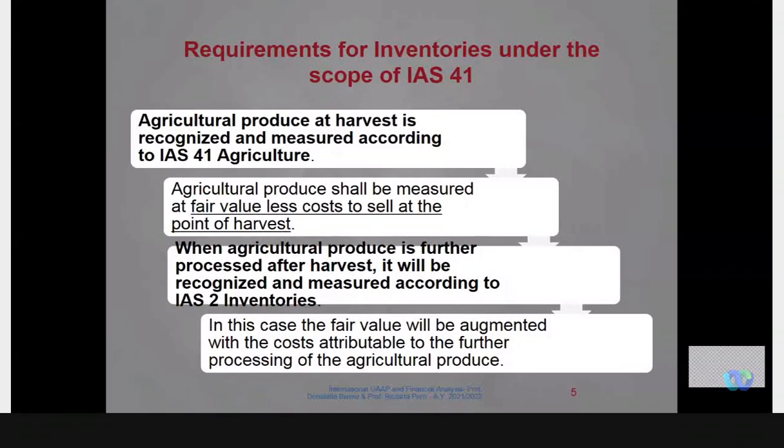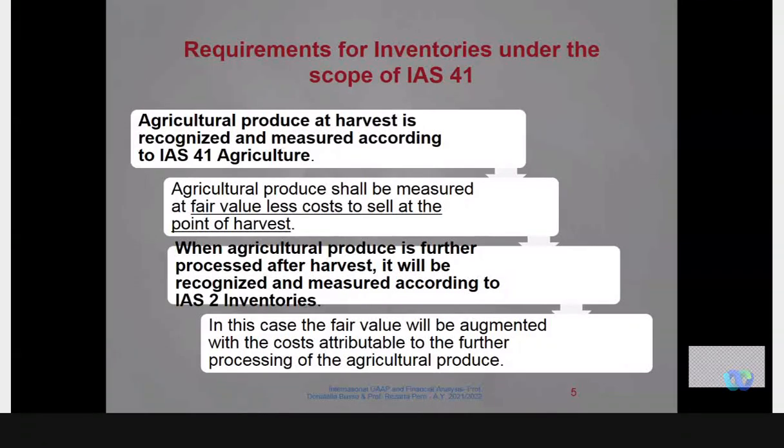Okay, fair value is a value or a price that is outside the will of the company. It is decided by the market itself, as we previously mentioned. Whereas the net realizable value, being the difference between selling price and the costs to further process the inventory, is something specific for the company itself.